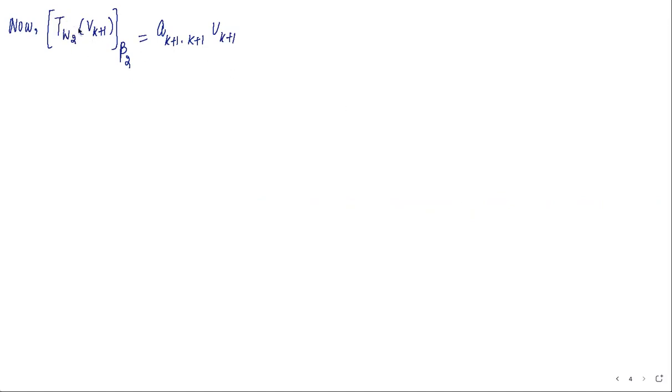So this element is an element of W2, so we can express it as a linear combination in the basis beta 2. So we have this scalar times Vk plus 1, which is the first vector in the basis beta 2, then plus A k plus 2, k plus 1. So this is the position.